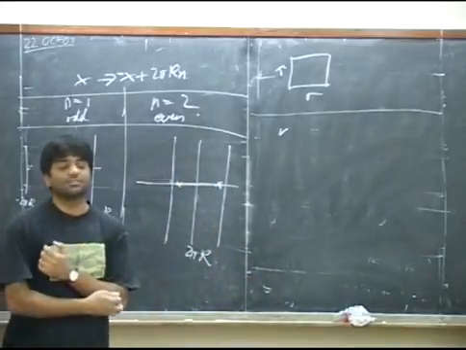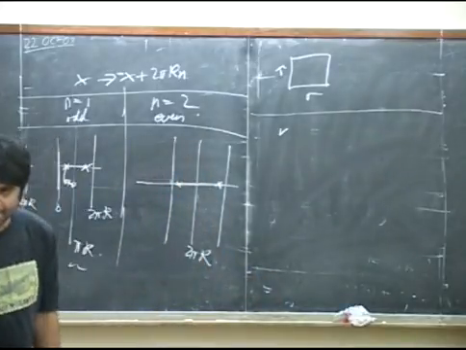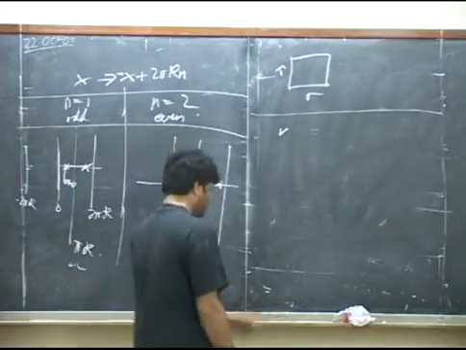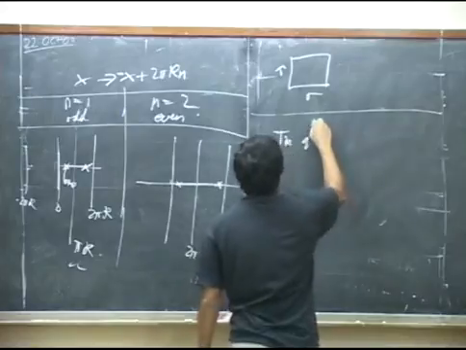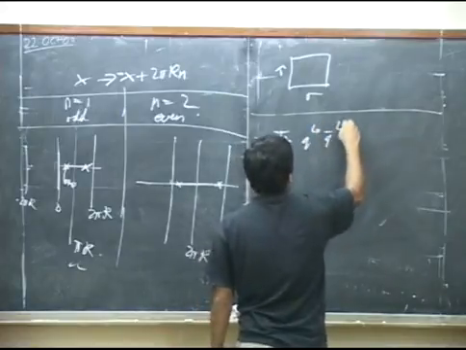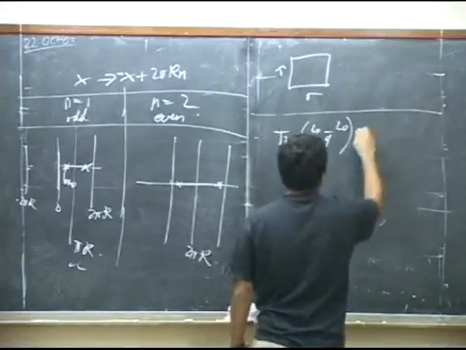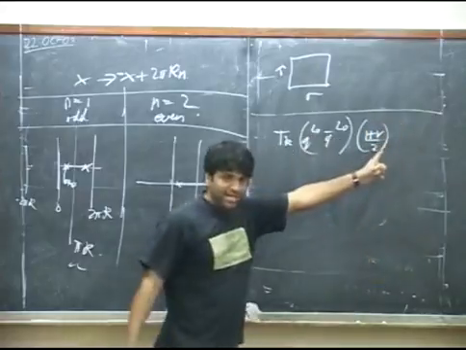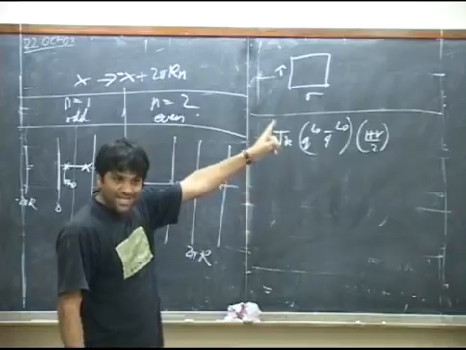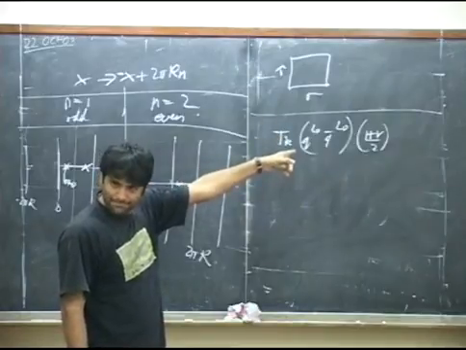Let's call that R. R stands for reflection. What we want to do is to take the trace of q to pi naught, q bar to pi naught bar, times 1 plus R by 2. That projects onto the states that are invariant under R.